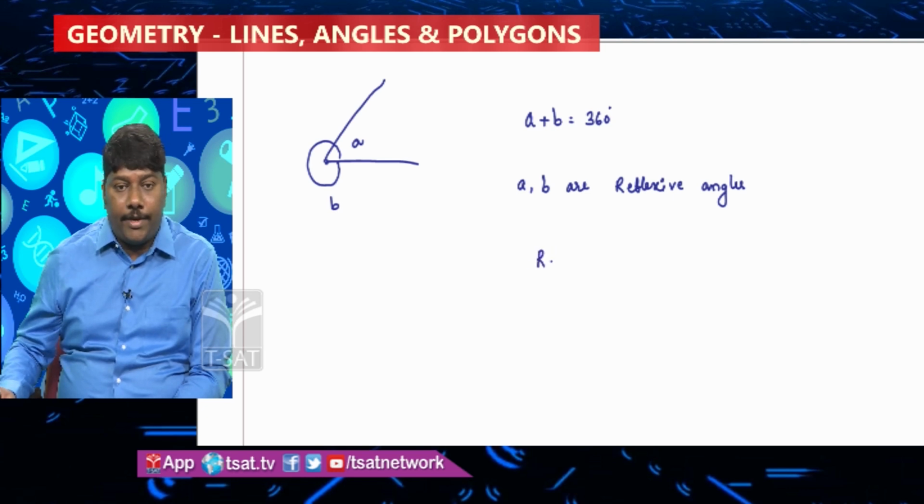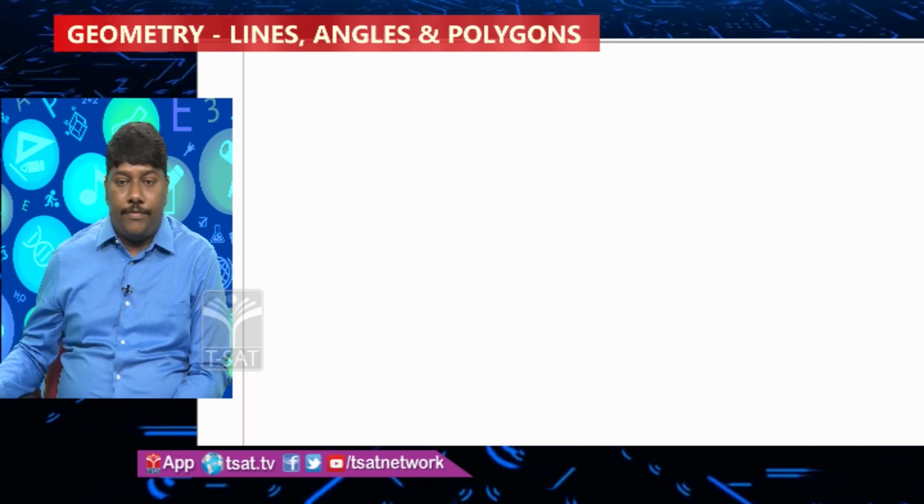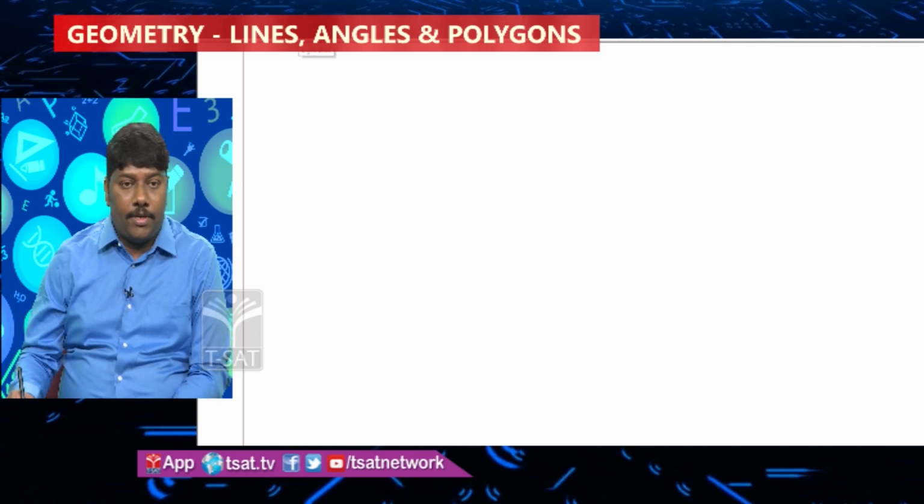What is the reflex of A? The reflex of angle A is angle B, or else we say it is 360 minus A. So we have seen complementary angles, supplementary angles and reflex angles. If the sum is a right angle, or 90 degrees, we say complementary; 180 degrees, we say supplementary. If it is 360, we say reflex angle.